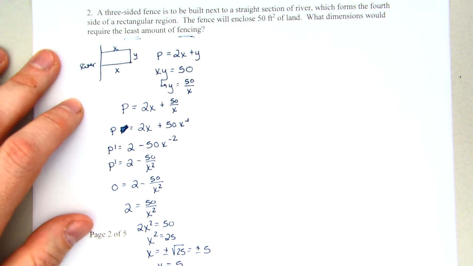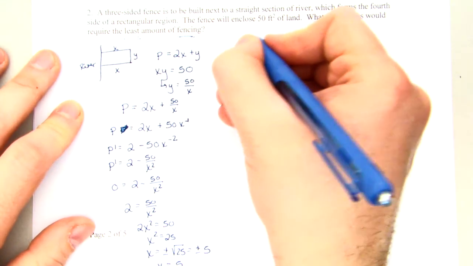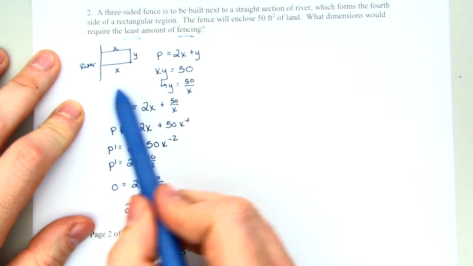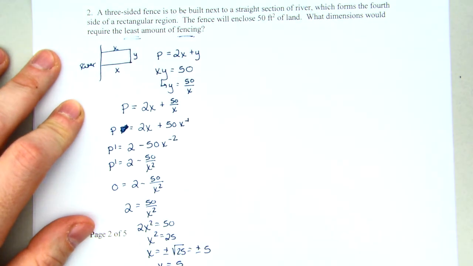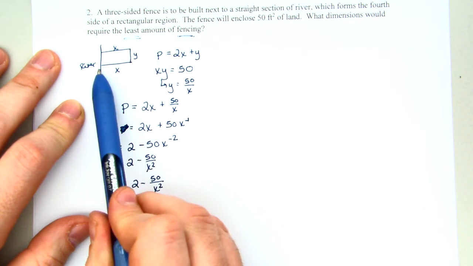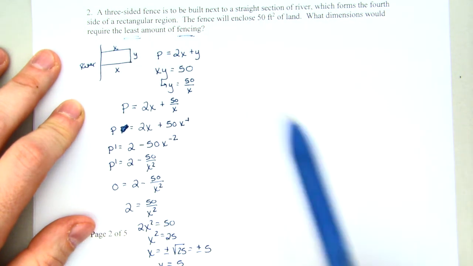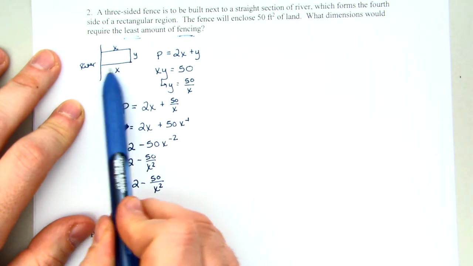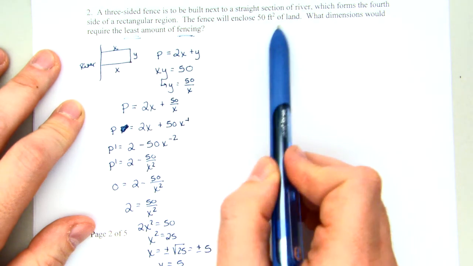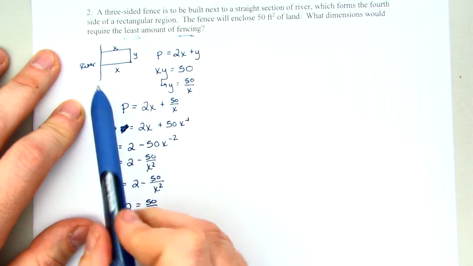As for the domain of this thing, I know that x can't be negative, but in the same breath, I don't have a maximum possible value of x. If x is 50, y will be 1. But if x is 100, y would be a half. 100 times a half would give you 50 square feet for the area.